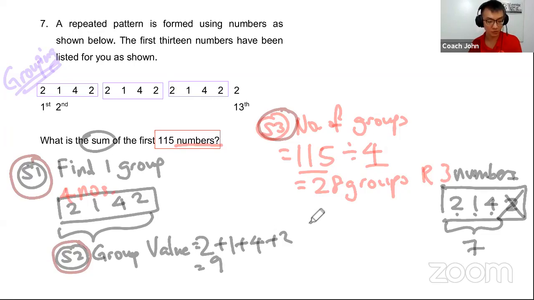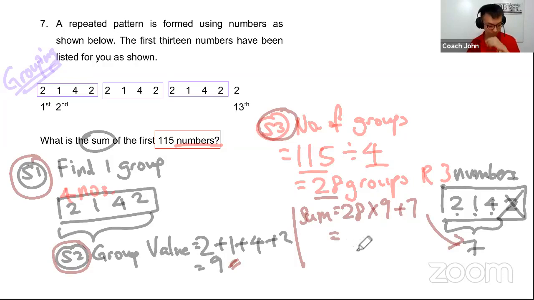So the sum will be 28 groups times group value, which is 9, the total value of a group, plus your 7 here, which is 252 plus 7, and that's 259. That's the answer.